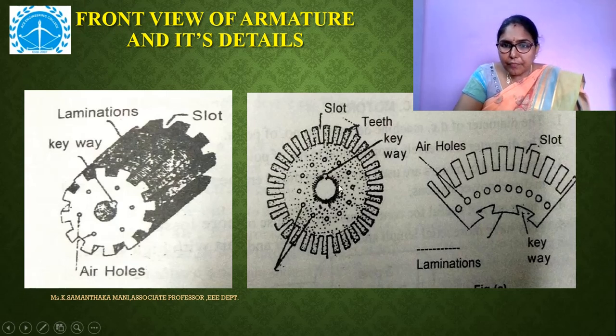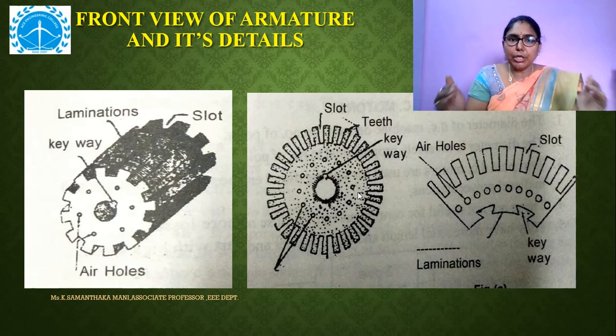On the front view we can also observe the slots very clearly, and these projections are called armature teeth. Inside we can observe the shaft key, and the holes are made in each and every lamination. All these laminations will be stacked together to form the complete armature core.